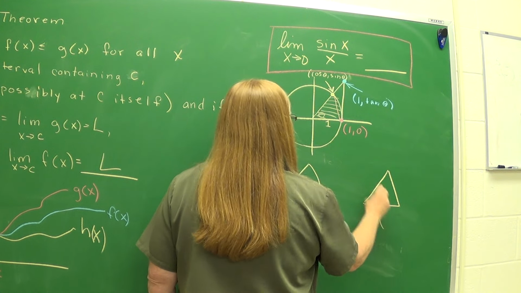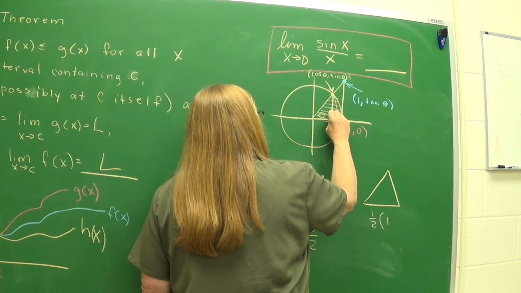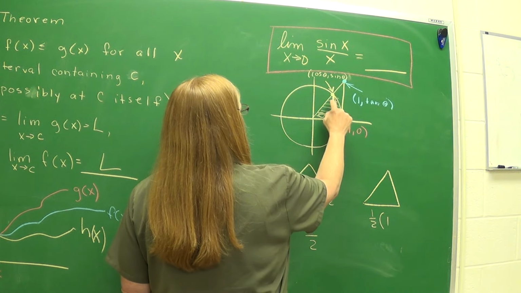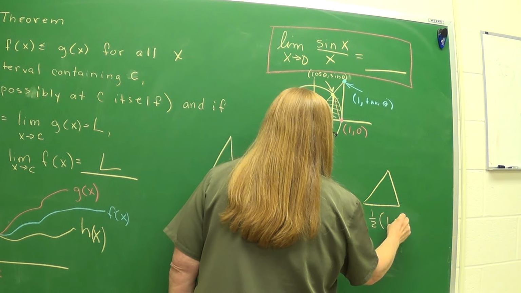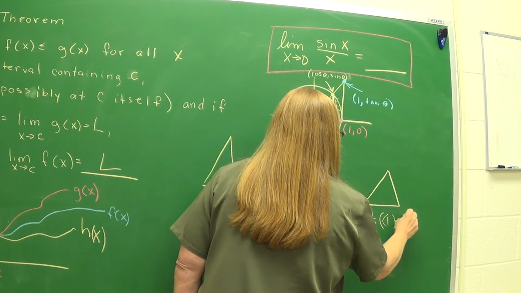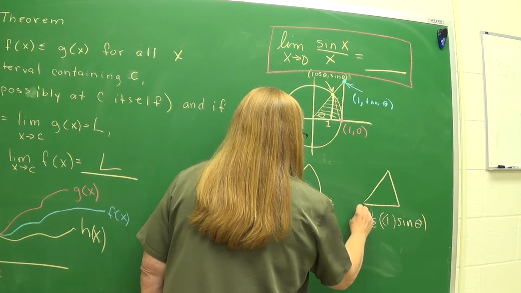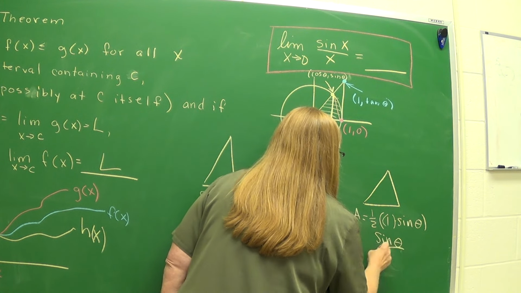The base, again, is 1. The height this time is this length right here. What is that? Well, I went over cosine and up sine, so the height is sine theta. So the area is sine theta over 2.